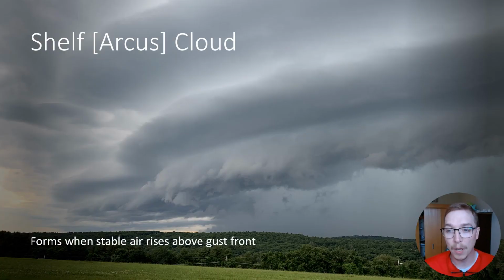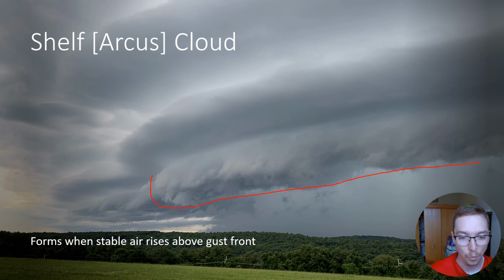But there are a couple of other characteristic features. We've got shelf or arcus clouds, which we can see in this feature here that obviously looks like a shelf. It forms when stable air is rising above the gust front. So obviously you've got a lot of pressure differential going on here.